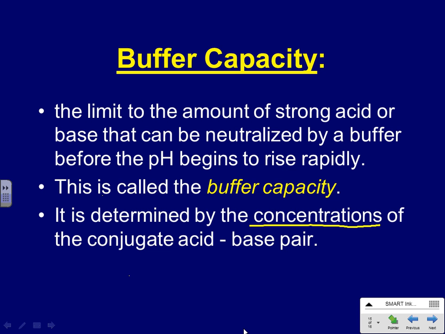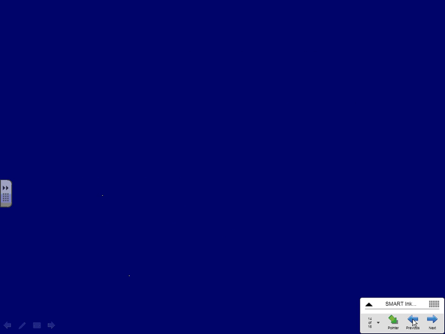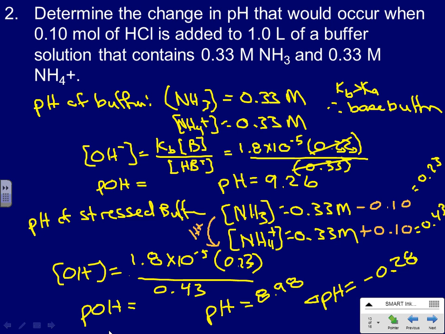Like, let's say you added a little bit of the acid, and now you had 0.23 and 0.43. This still has buffering ability until that runs out completely.